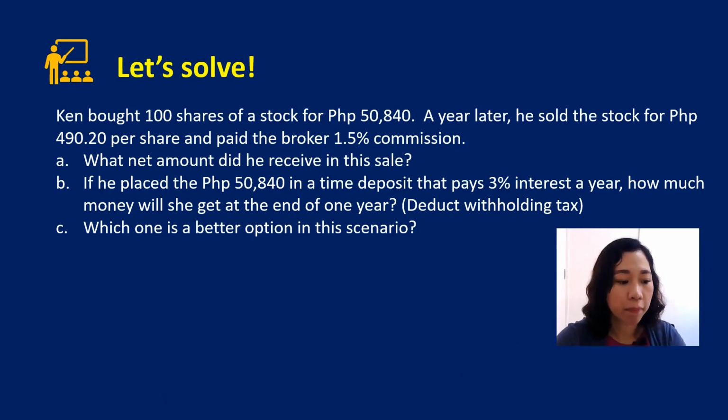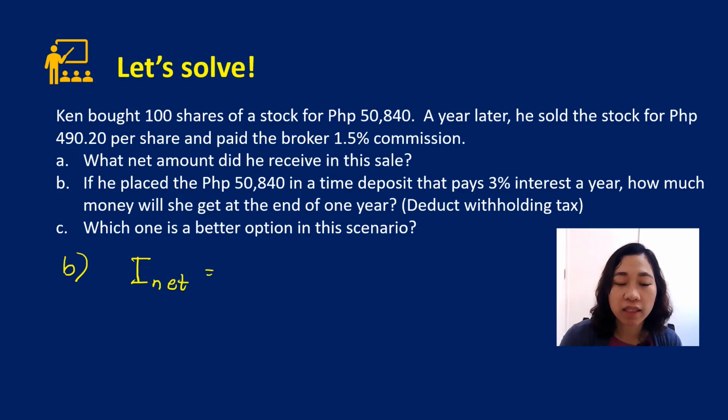Okay, so for letter B, if he placed 50,840 in a time deposit that pays 3% interest a year, how much money will he get at the end of 1 year? Okay, so again, we're looking for I net, correct? Because we have withholding tax. That's PRT times 80%.